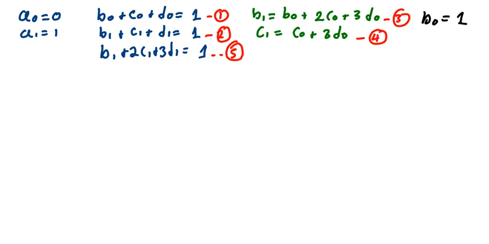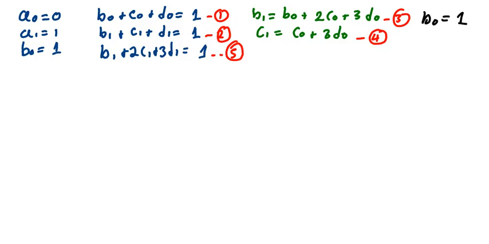So what's the next thing that we do? The next thing that we do is just basically solving the equations. So what I'm going to do is that I know what my b naught is. I know that my b naught is equals to 1. So I'm going to substitute b naught in equation 1.